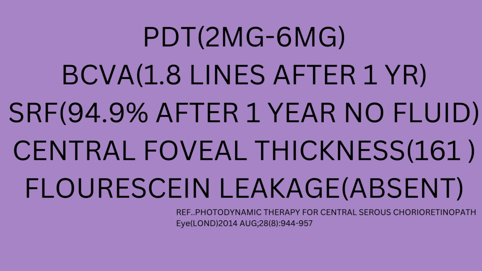With the laser machine, this photoreactive dye is activated with laser. It produces free oxygen radicals which damage the endothelium of the choriocapillaris, and ultimately there is platelet aggregation and closure of those choroidal vessels. This is called cold laser.